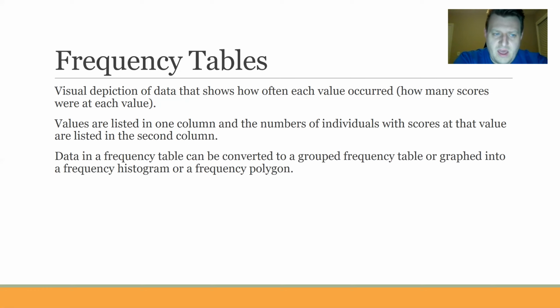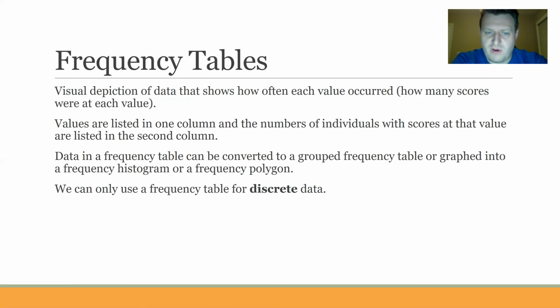All right, it's good to first start off with a frequency table because it can easily be converted to some of the more advanced forms of showing frequency, like a histogram, like a frequency polygon. So a regular frequency table is easy to start off with. With a regular frequency table, we can only examine discrete data.